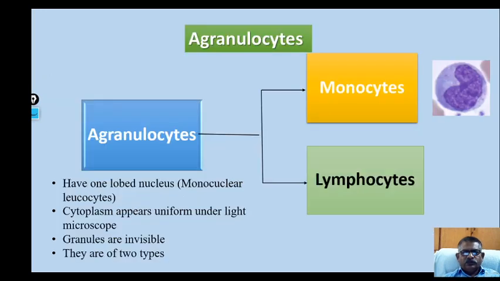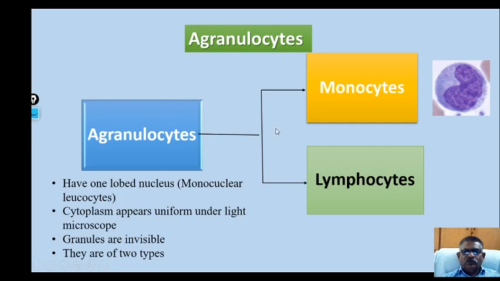Coming to agranulocytes, as I stated, these are of 2 types: monocytes and lymphocytes, right? Monocytes have a kidney shaped nucleus. Lymphocytes are again of two types, which we will talk about a bit later. Now in this classification, agranulocytes are mostly mononuclear leukocytes.